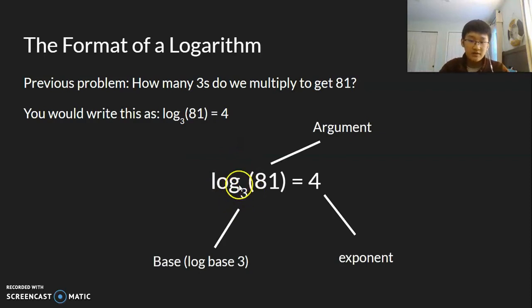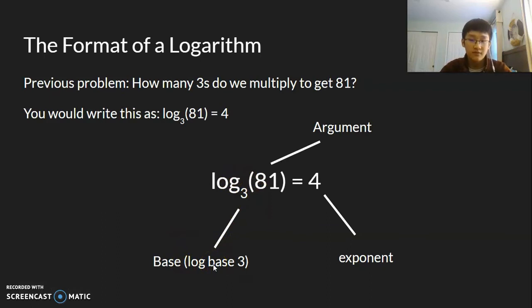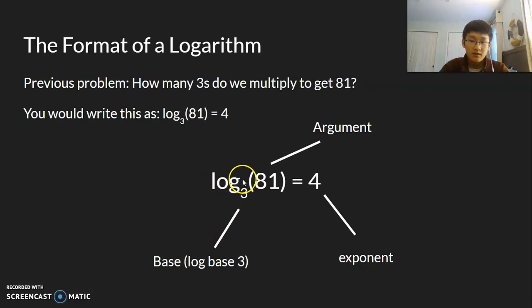The tiny 3 over here is what you call a base. If you had a 3 here, you would say log base 3. If you had a 4 here, you would say log base 4. If you don't see a number down here, usually that means the base is 10. So log of 81 with no base would be log base 10 of 81. Now the 81 over here, we call that the argument.